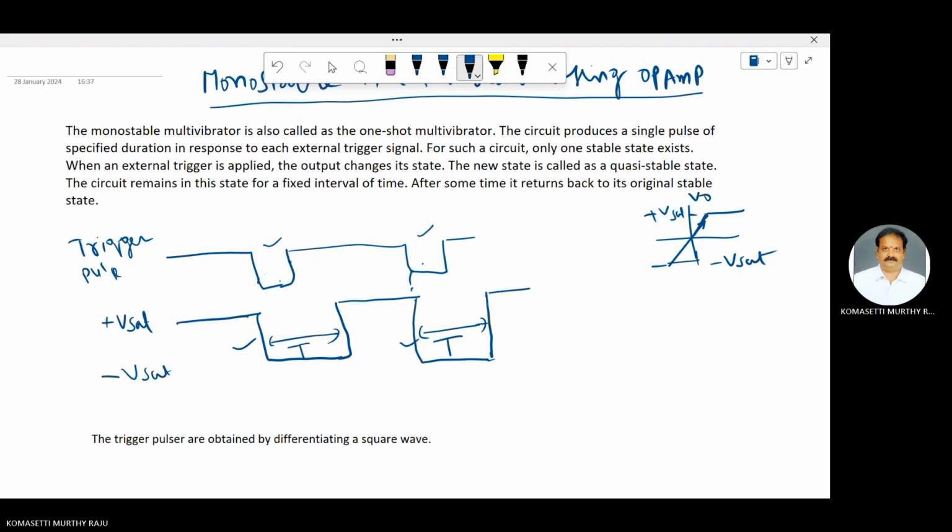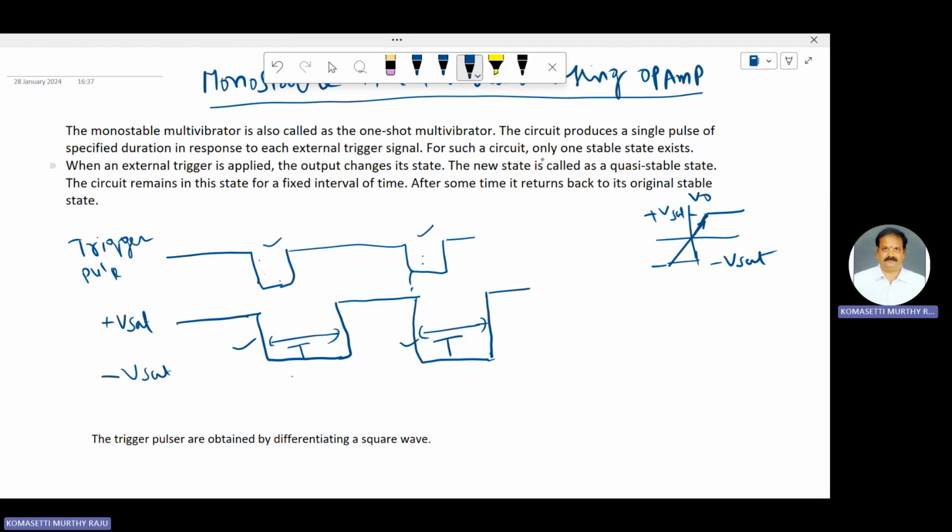One shot means for each single trigger pulse, it produces a single pulse of specified duration. These are the two external trigger signals.